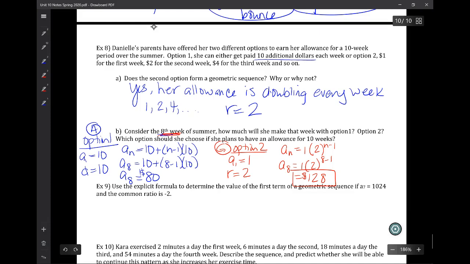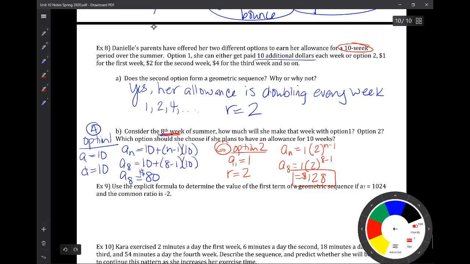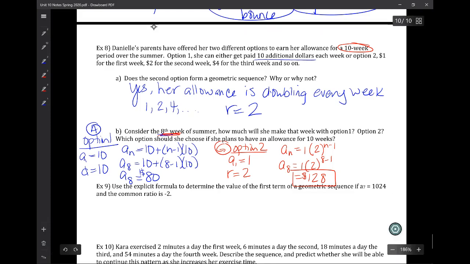And remember, that's only the 8th week. This is over a 10-week period. So, if you had to choose, though you might not get a lot of money up front, you're going to get a lot more money once you get to the 10th week if you go with the geometric option, because it's growing exponentially.